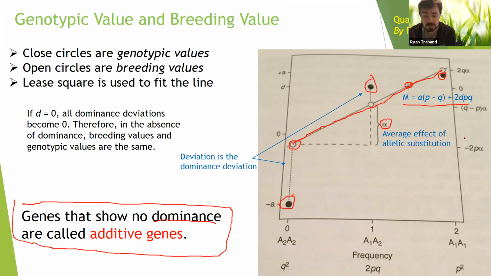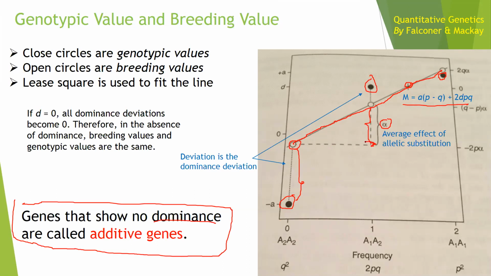And then the difference from the breeding value and the genotypic value is, it says the average effect of allelic substitution, but you used a different term. Oh, you mean this one? No, this one, this is alpha.